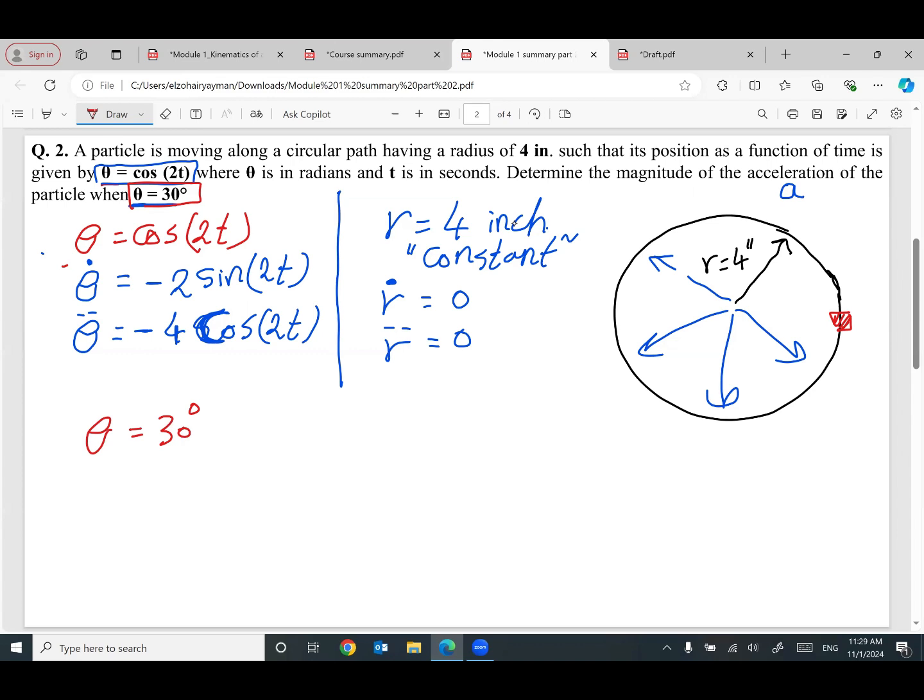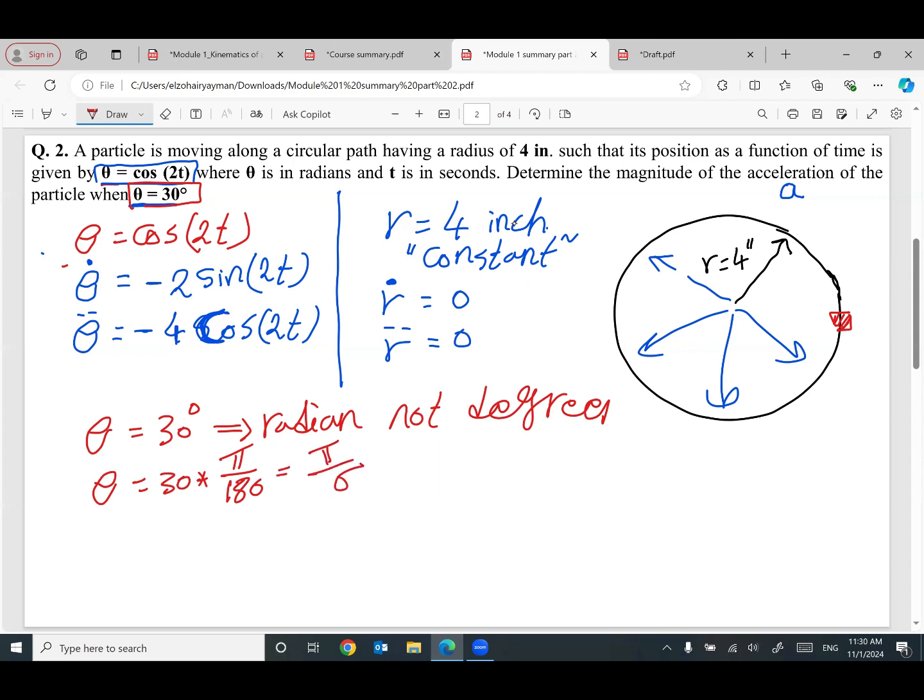Keep in your mind, in this part of the module, we are using radians, not degrees. So please convert your calculator from degree to radian.